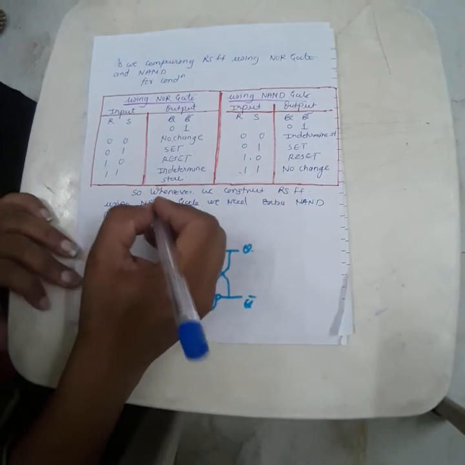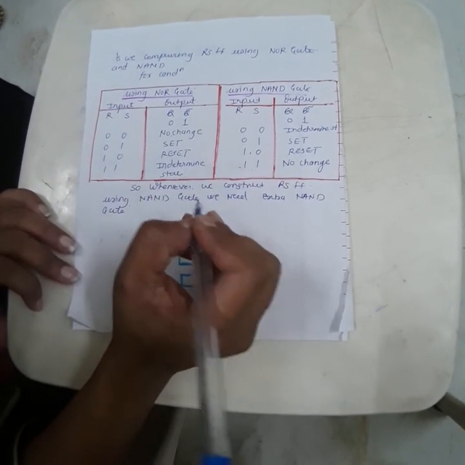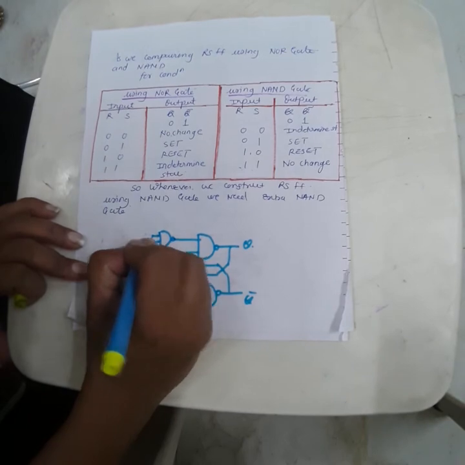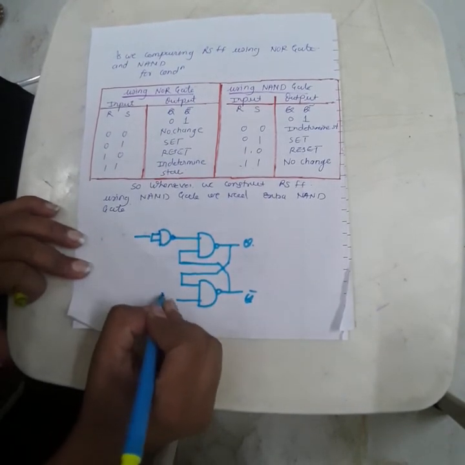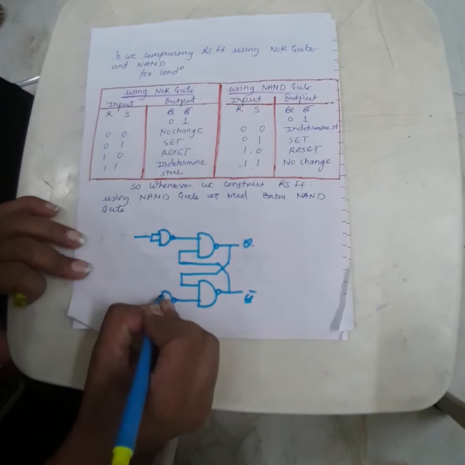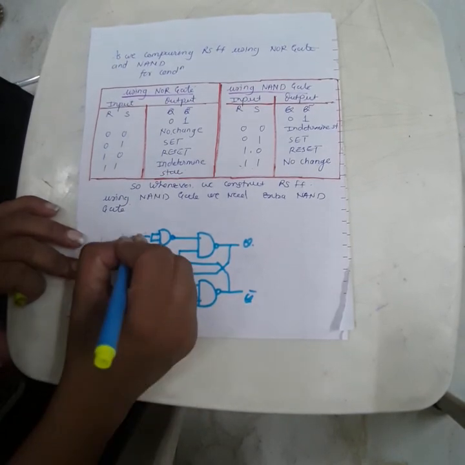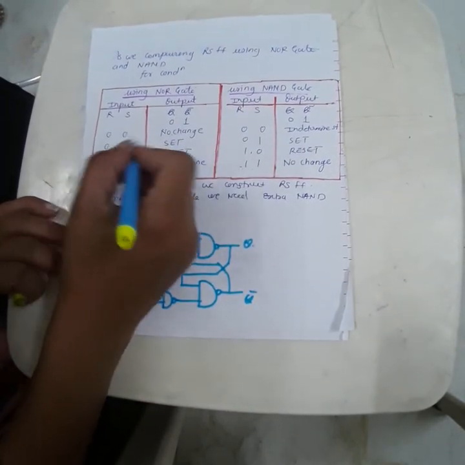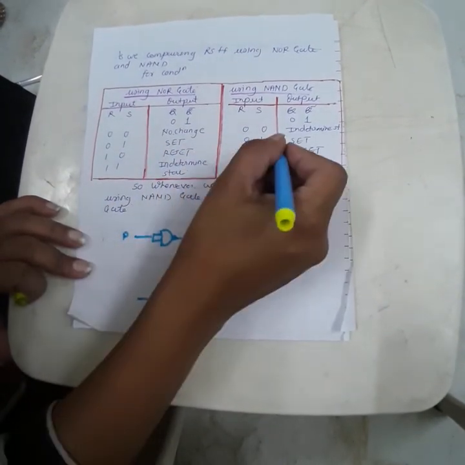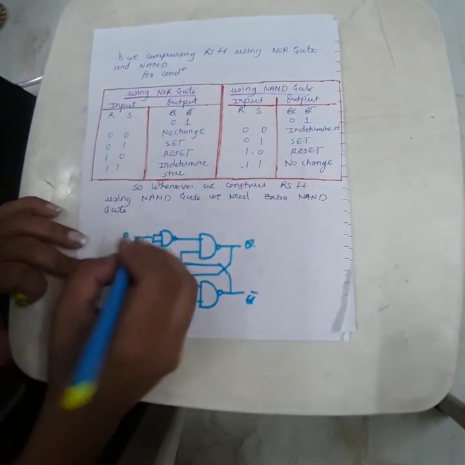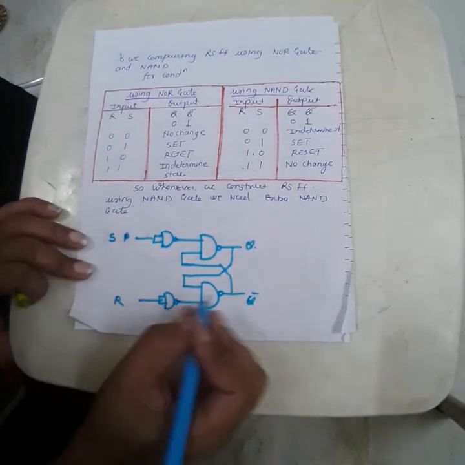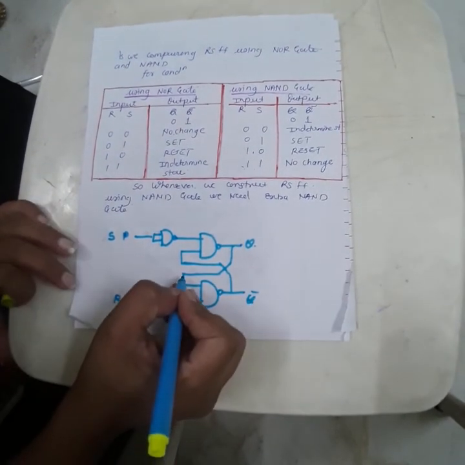So whenever we construct the RS flip-flop using NAND gate, we need an extra NAND gate, which we use as a NOT gate. In the second and third conditions, that is set and reset, we invert the inputs, where we write S and R, and then we get the same condition.